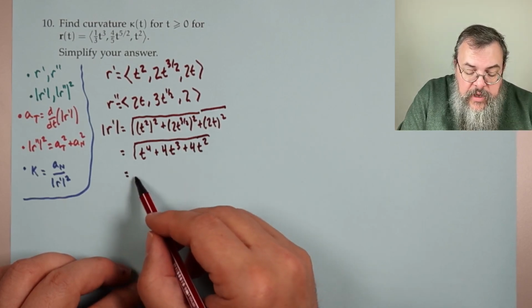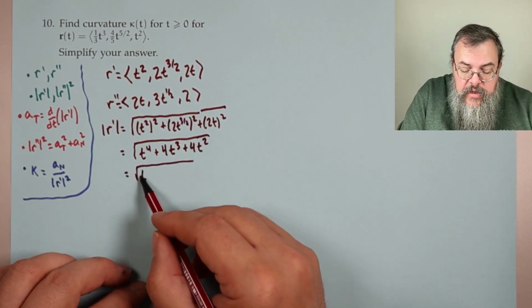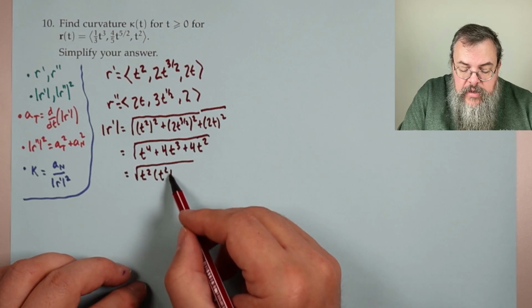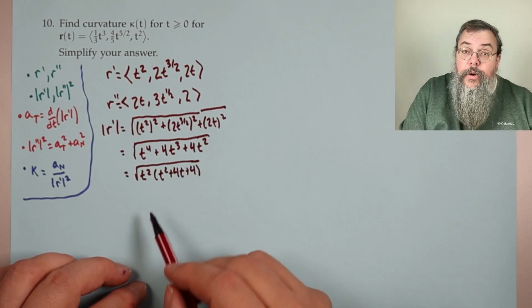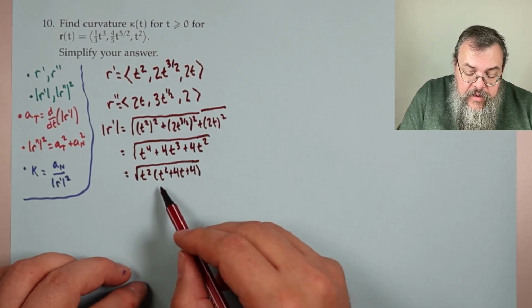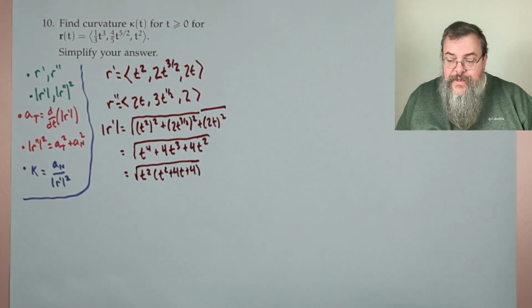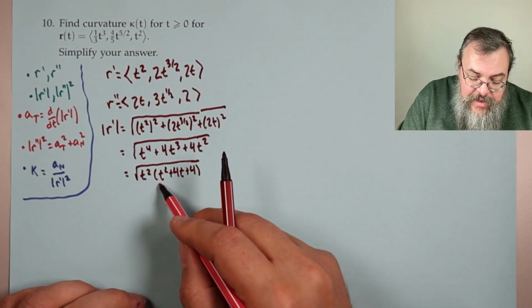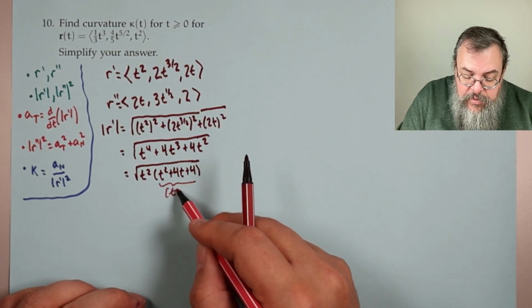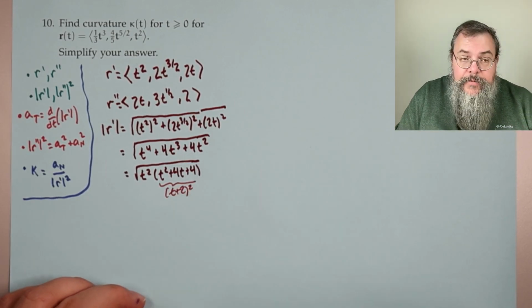Now, we can pull out a t squared, and then we're left with t squared plus 4t plus 4. And this is nice, because t squared plus 4t plus 4 isn't just anything, it's t plus 2 squared.